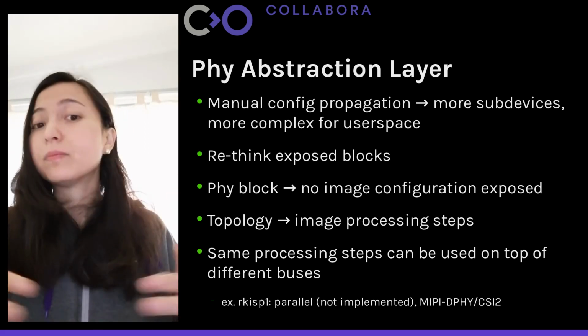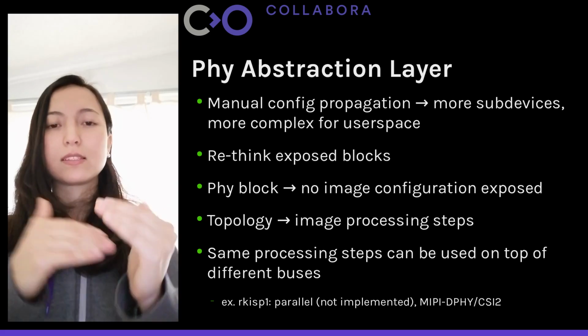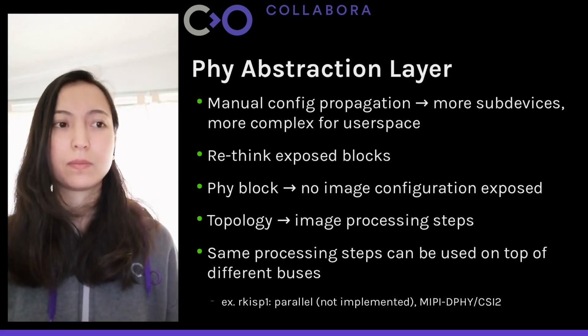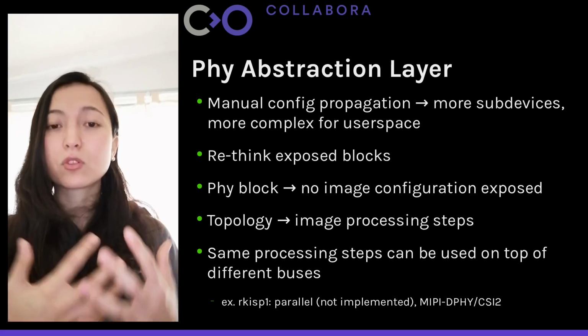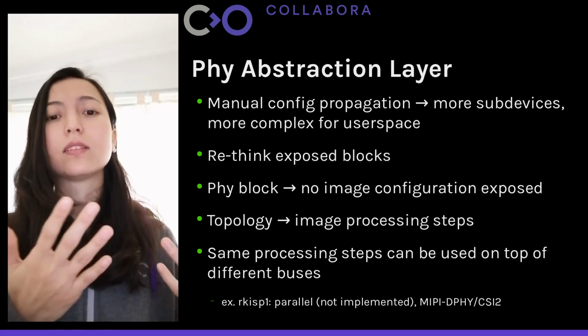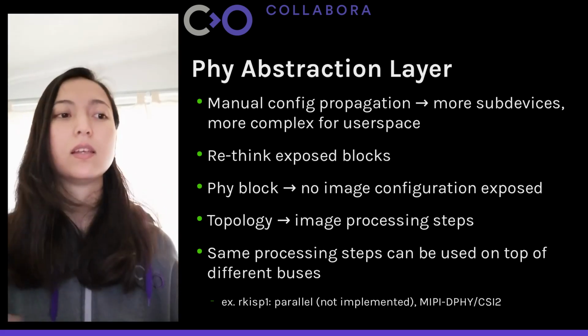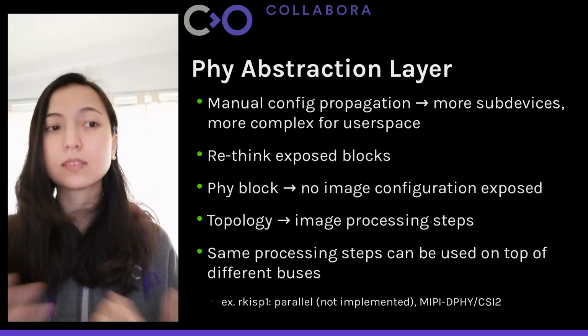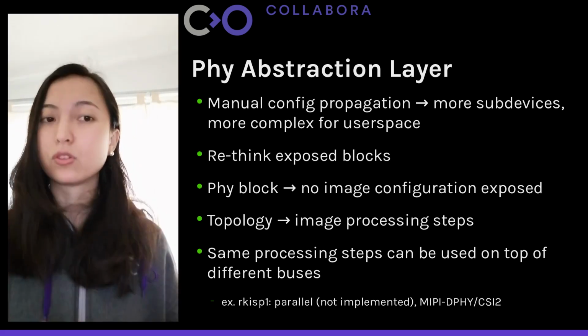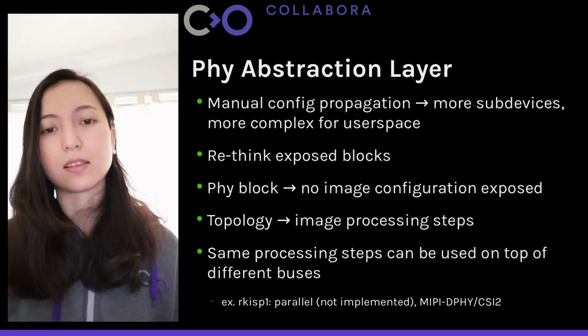Ideally in the topology, the useful information is just the image processing steps. And also, the same processing steps could be used in different buses. In this case, the RK ISP1, it supports the parallel bus. It's not implemented yet, but could support, and the MIPI DPHY CSI2.